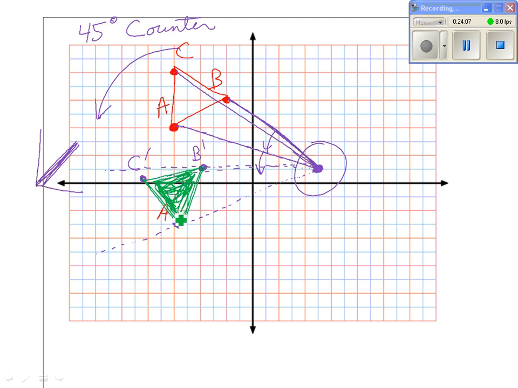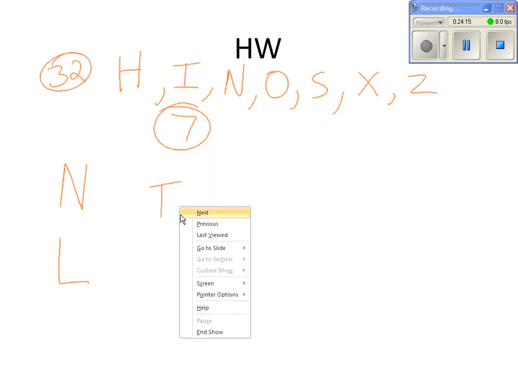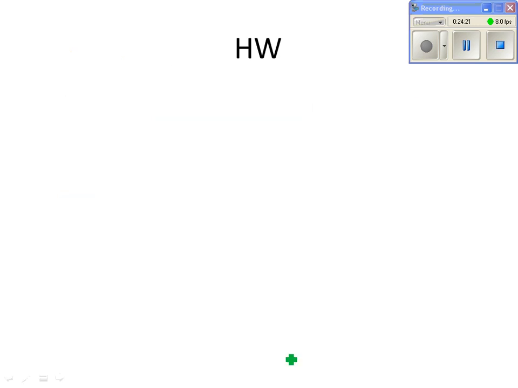Problem 4, I think that's the same kind of problem, isn't it? All right, problem 4, same kind of problem. I'm going to try to draw this up here as close as I possibly can. Probably won't be drawn very well.